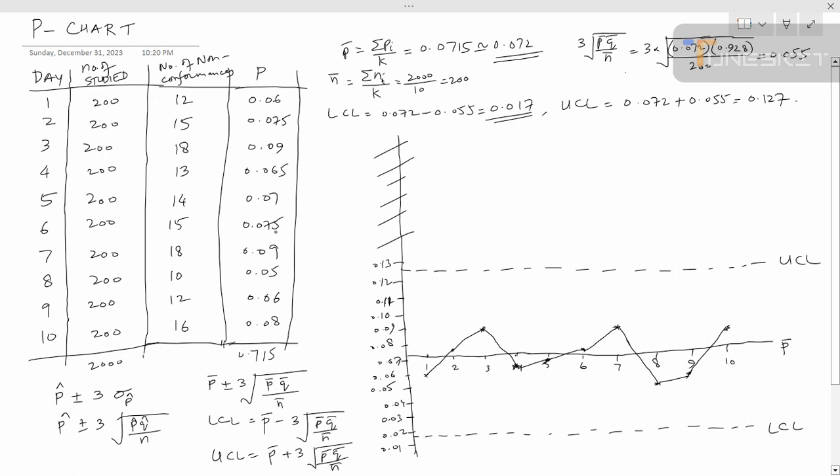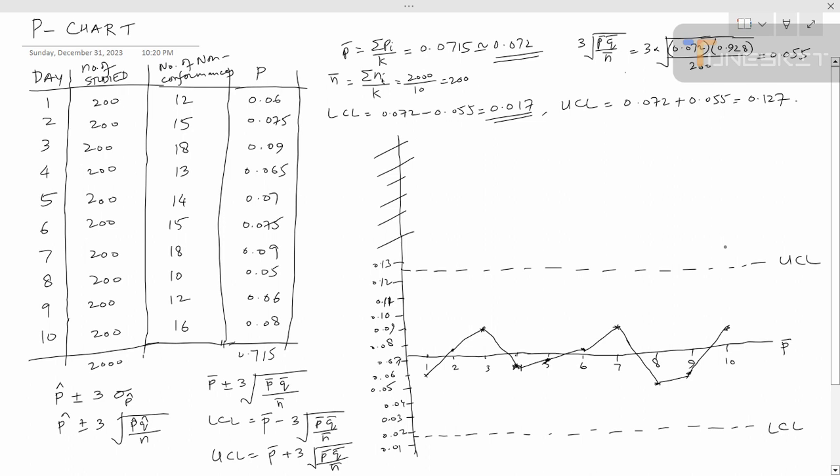After 0.075 comes 0.09, which matches over here as well. But if we consider the third value, that's 0.065, whereas over here it is 0.05. So the first two values are the same, but the third value is different. Therefore, we cannot say that there is systematic variation in the data or in the control chart.